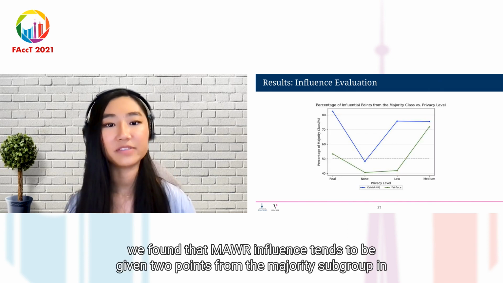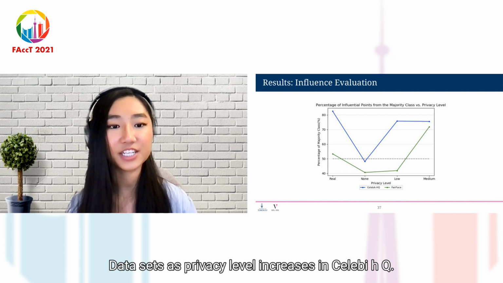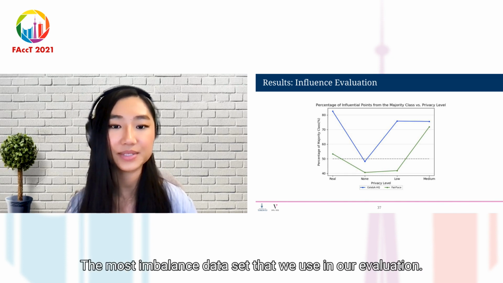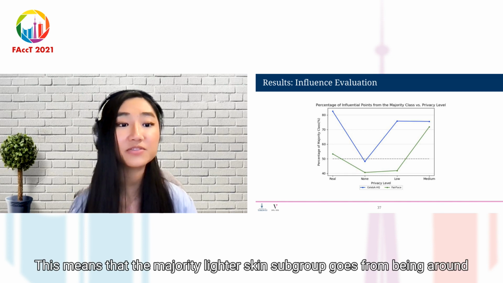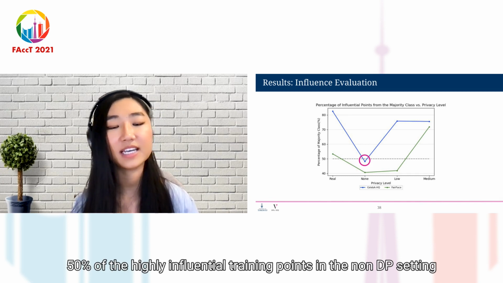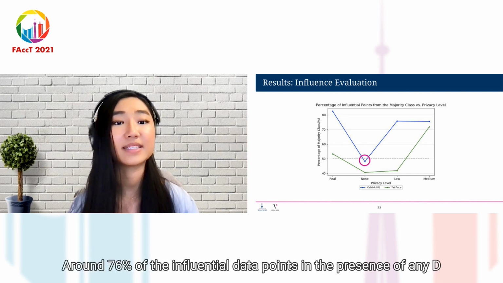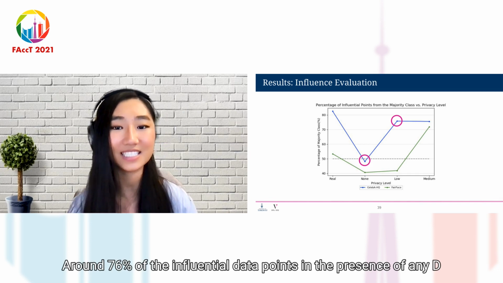We found that more influence tends to be given to points from the majority subgroup in imbalanced datasets as privacy level increases. In Celeb AHQ, the most imbalanced dataset that we use in our evaluation, this means that the majority lighter skin subgroup goes from being around 50% of the highly influential training points in the non-DP setting to around 76% of the influential data points in the presence of any DP.